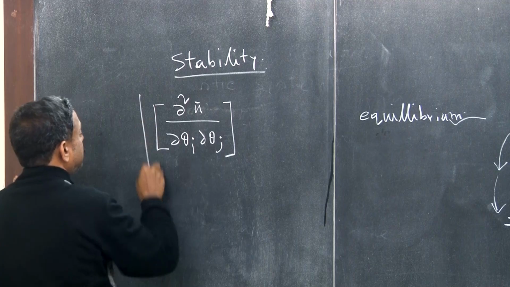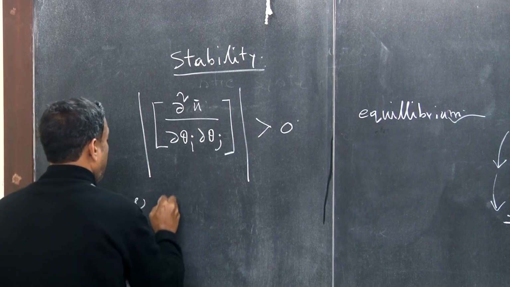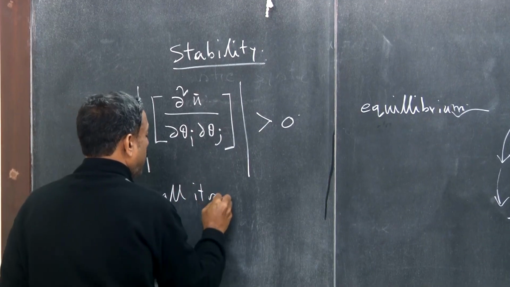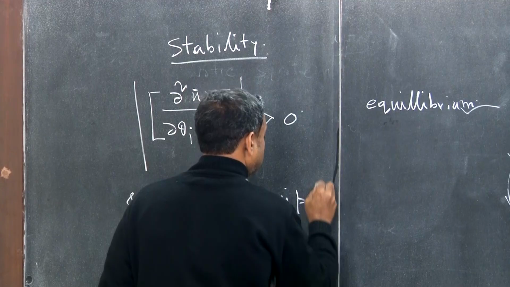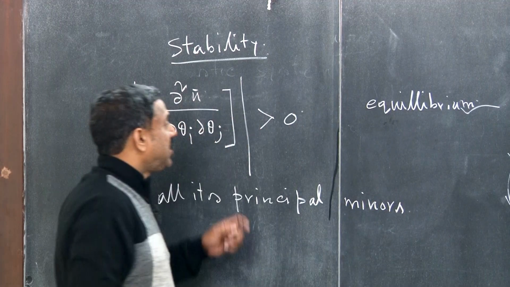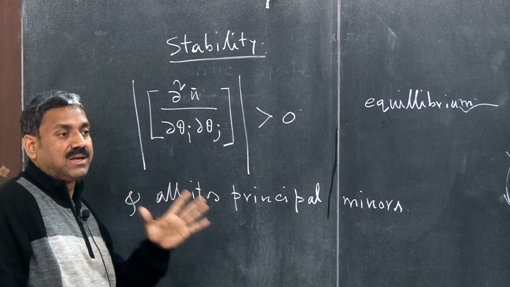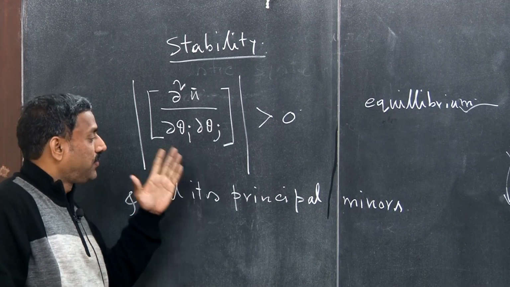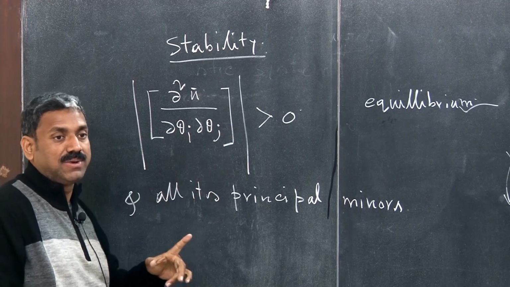The determinant of this must be greater than 0, and all its principal minors too. You know what a principal minor is: you just take the diagonal terms and then the sub-determinant must be greater than 0. If this holds, then it is stable equilibrium. If it is negative, that is unstable equilibrium.